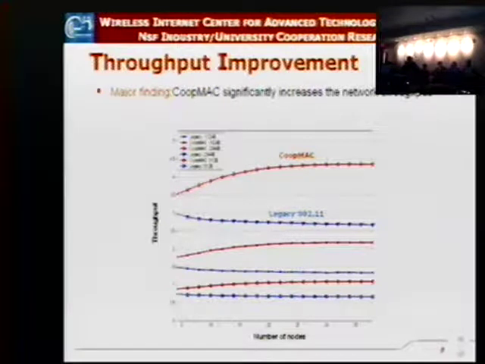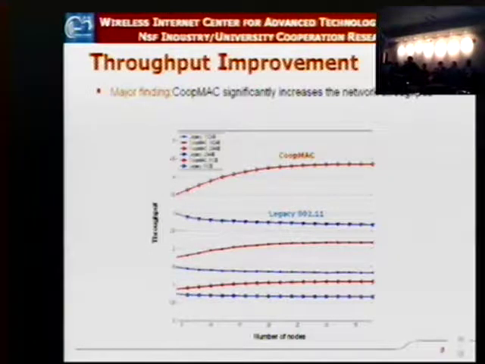On the contrary, in the CoopMAC protocol, as the number of nodes increases, the throughput increases, and this is because the stations who experience a bad channel with an access point, as the number of nodes increases, have a higher possibility to find a good helper to help them transmit their data in a fast way.